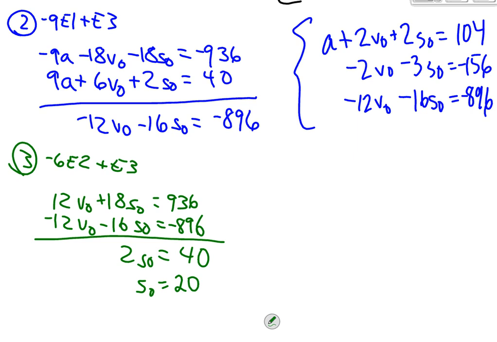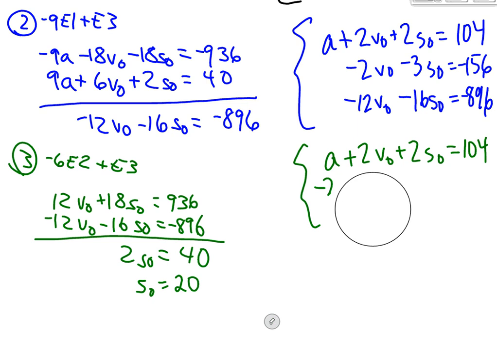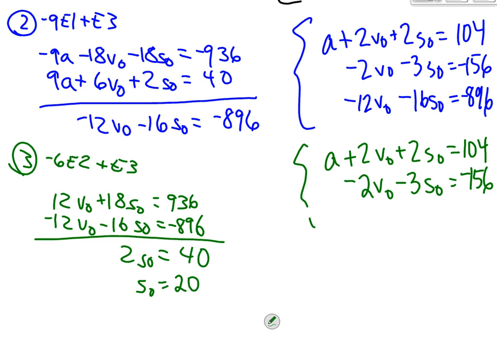So that's A plus 2V0 plus 2S0 equals 104. Negative 2V0 minus 3S0 equals negative 156. And S0 equals positive 20.